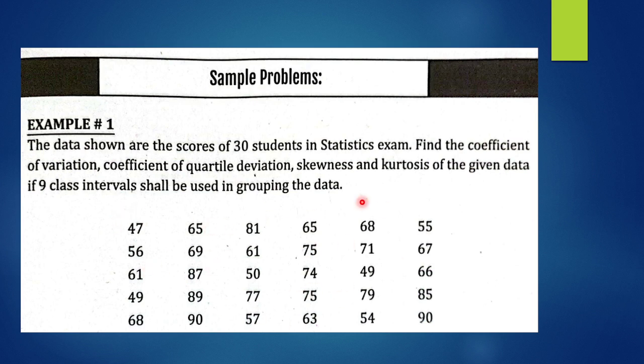So we can say that this is grouped data, so we should create a table on this one. We do have 9 class intervals and, as we've done before, our class size is 5.